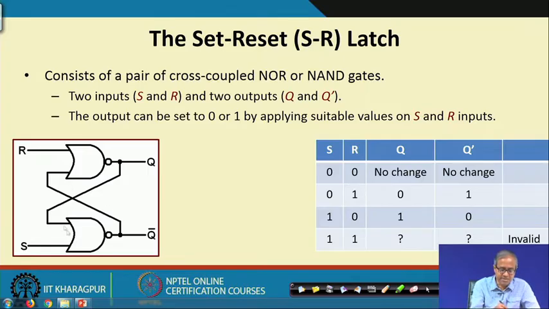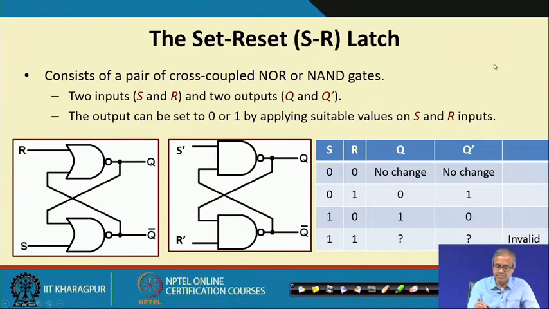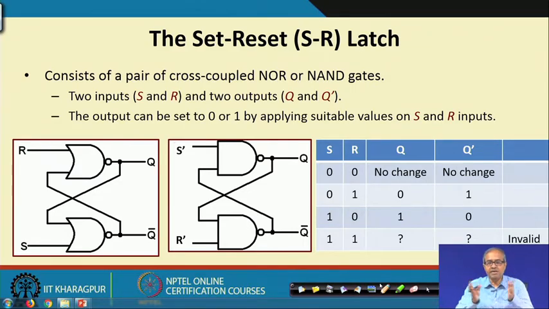Now, this is the circuit diagram using NOR gates. Just using NAND gates also you can design a very similar circuit. The only change is with respect to this table. Just one thing let me tell you, which I did not mention. For a combinational circuit, when we talked about the input-output behavior in the form of a table, we called it a truth table.